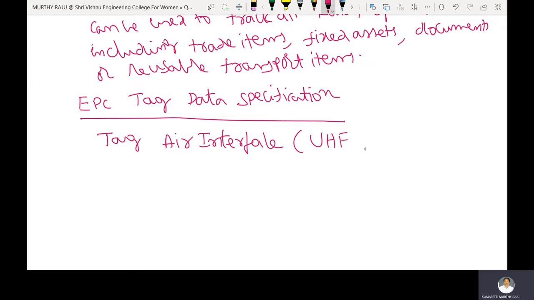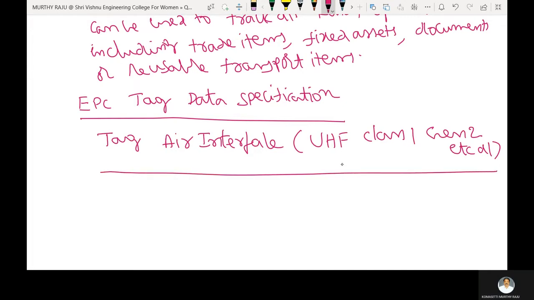The tags are operated in this range. Class 1: different types of tags are there. Class 0, class 1, class 2, class 4, class 5. Class 1 is the passive tag, and one is generation 2, etc. The meaning of this: EPC tag data specification, tag air interface, UHF class 1, generation 2.